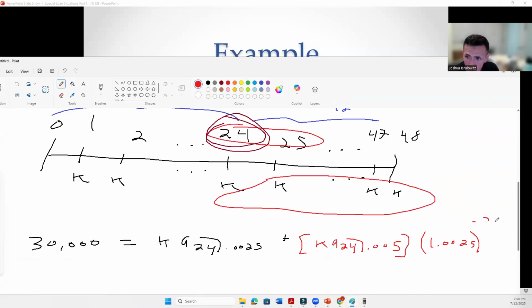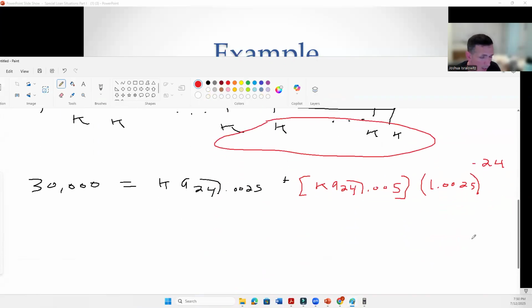Minus 20. Right. And if you do this on the calculator, you will get 44.51648K. Right.